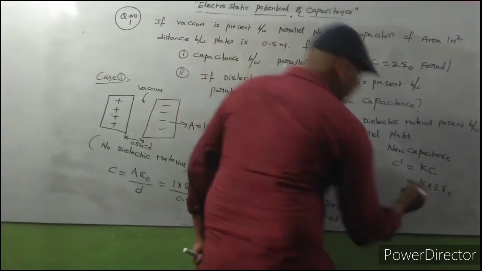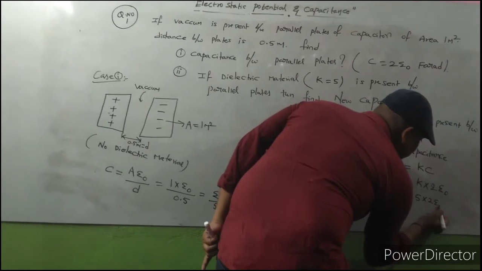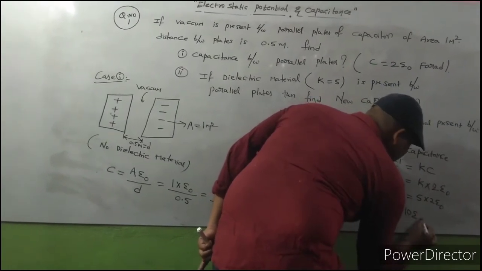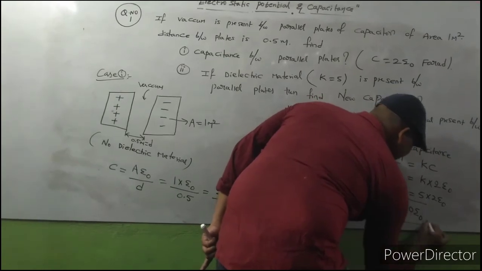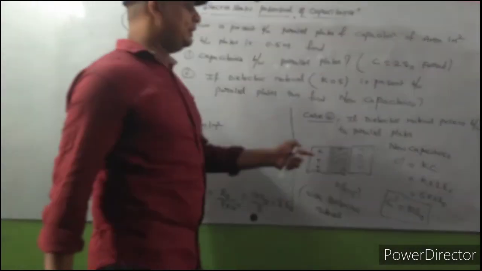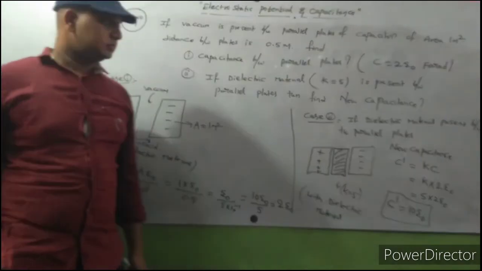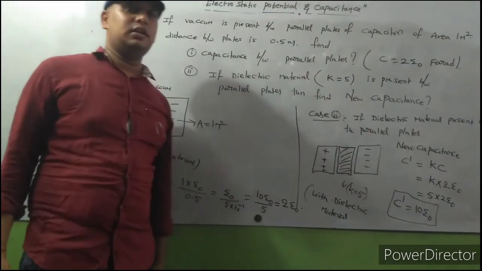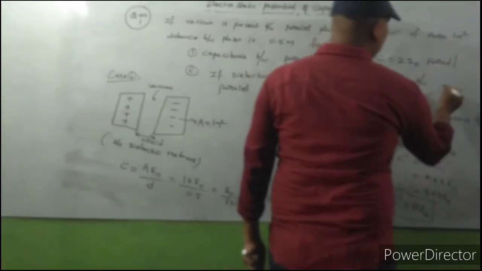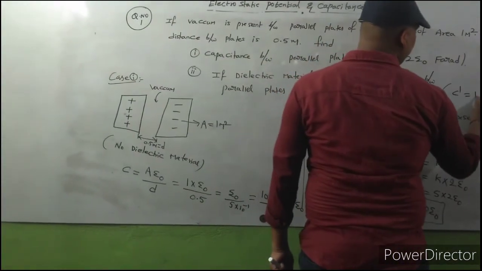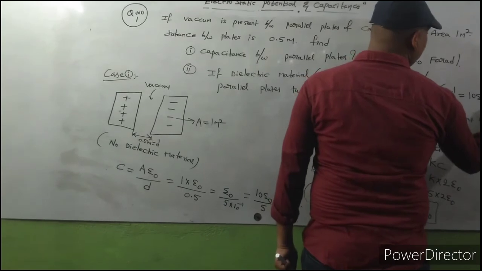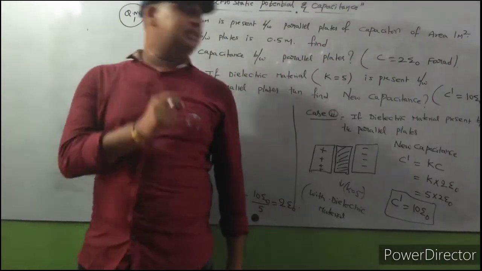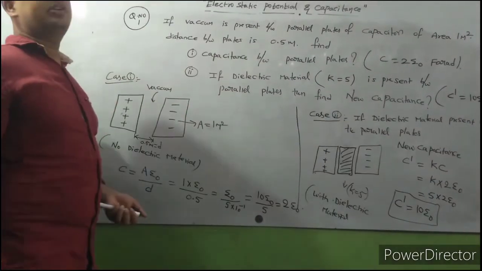That means 5 into 2 into epsilon naught, so the new capacitance is 10 into epsilon naught. The initial capacitance was 2 into epsilon naught farad, and the new capacitance C dash is 10 into epsilon naught farad. This is the solution for this question.